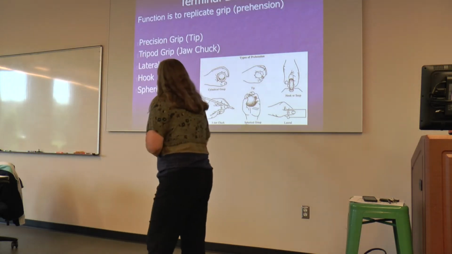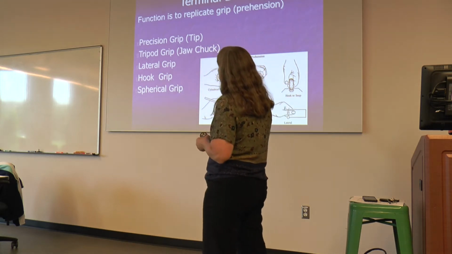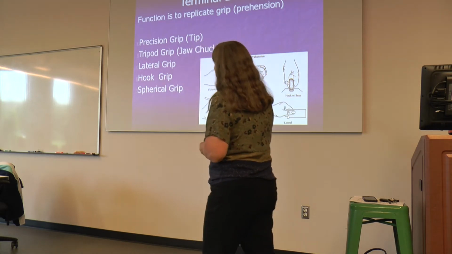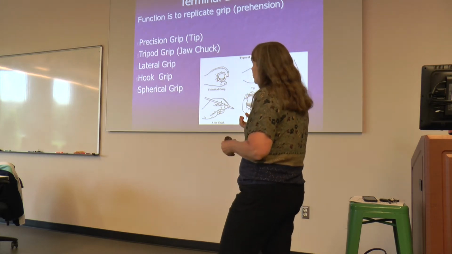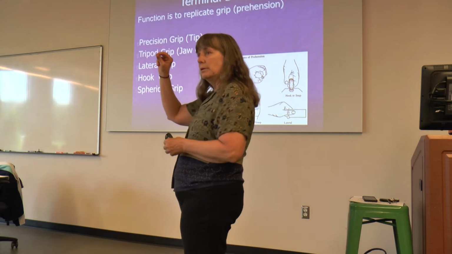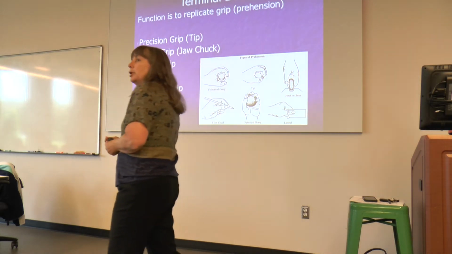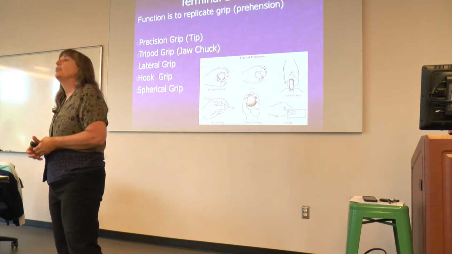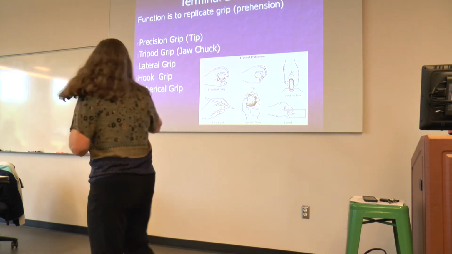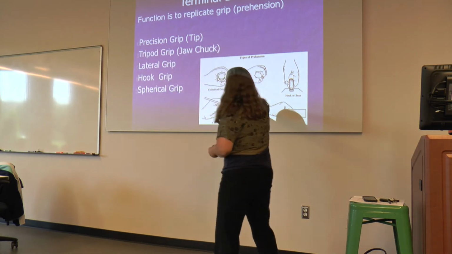All right, these are examples of some different grips that we need to replicate. And just like the hand function, you have prehensile grip, which is tip to tip, considered pinch. You have the tripod grip. You have a lateral grip on the side, more of a hook grip when you pick up things, and a spherical one, like holding balls, that's more round.